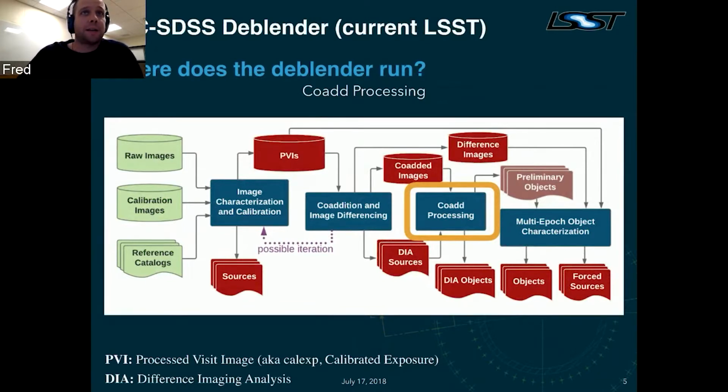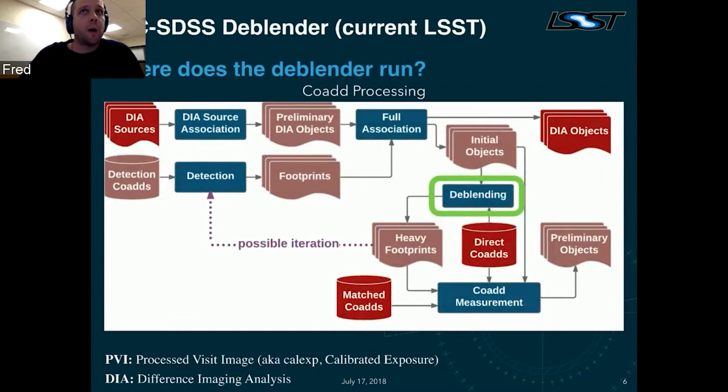If we zoom in on the coadd processing, this is where deblending currently sits. Essentially, objects are detected in each band, and then a catalog is made of all the different bands, and those footprints are merged together to create merged source catalogs, so that you have a single catalog that's passed to each band.